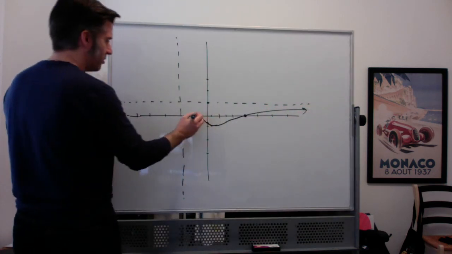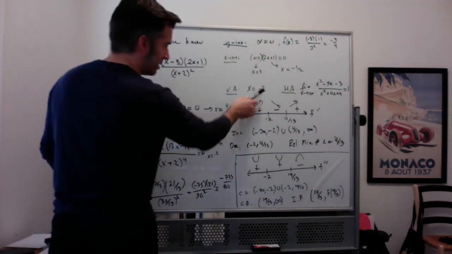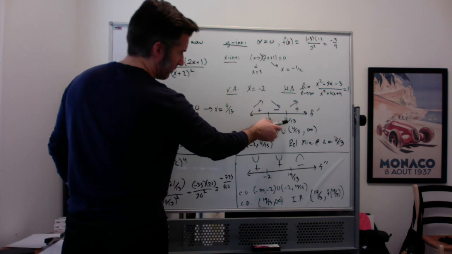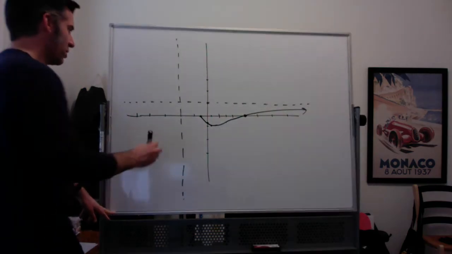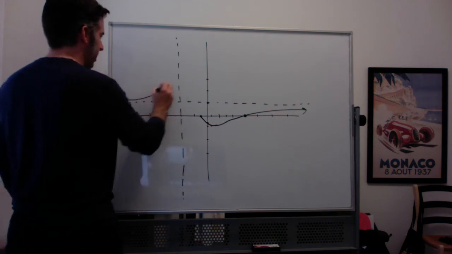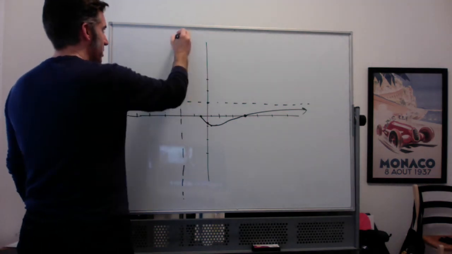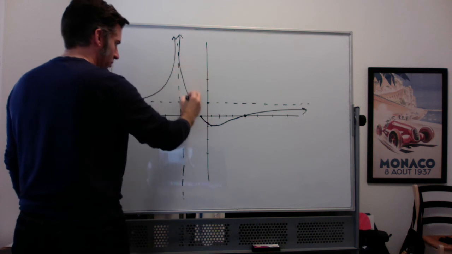On the other side, so again, now I'm going to look back at my first derivative stuff. My first derivative stuff says we're increasing before we get to -2, decreasing from -2 to 4/13, and then increasing afterwards. So we are increasing until we get to -2. We are decreasing after -2.